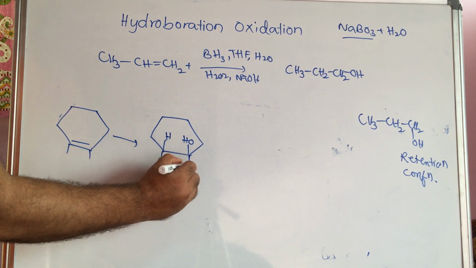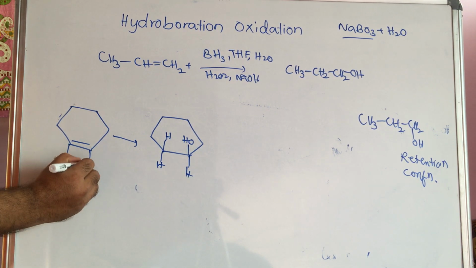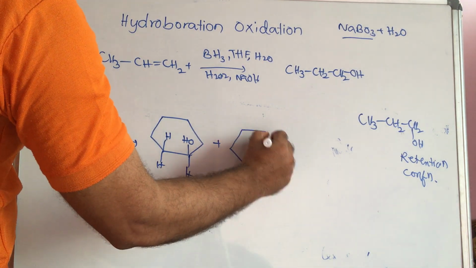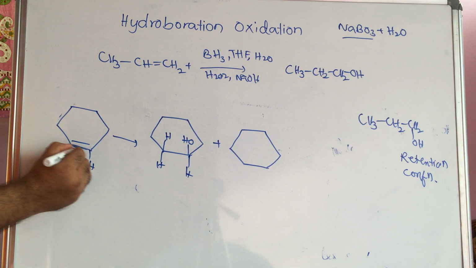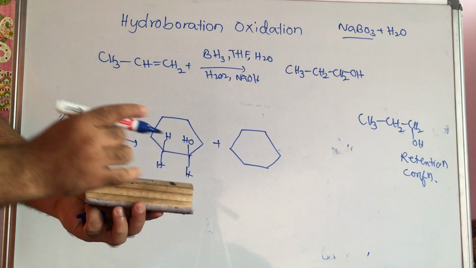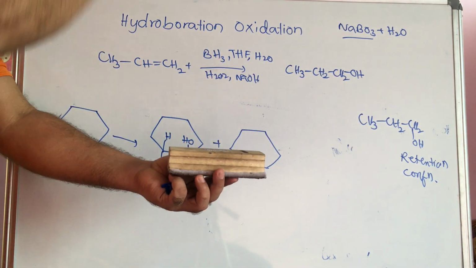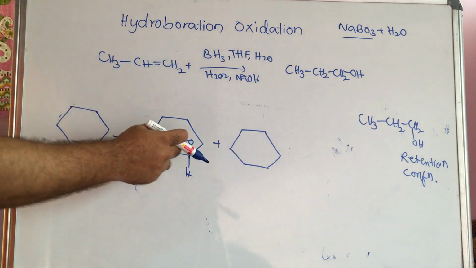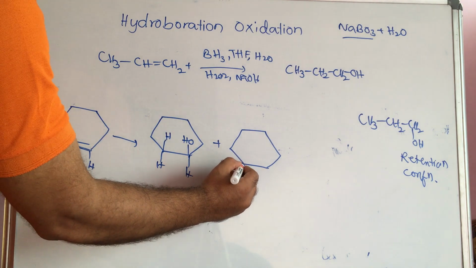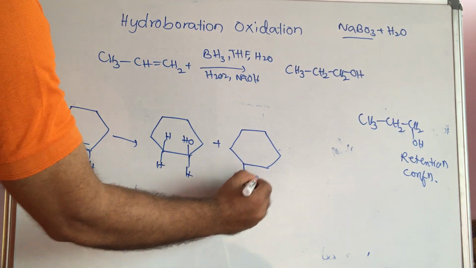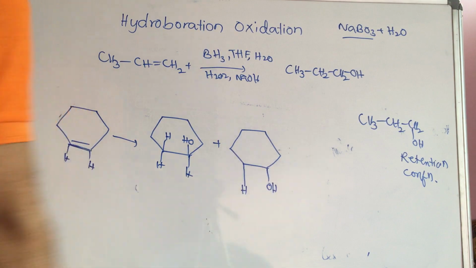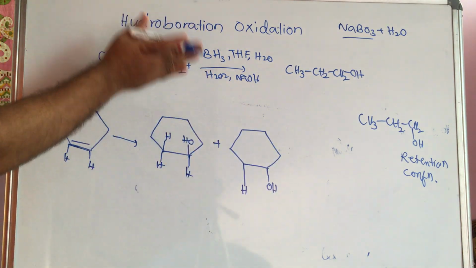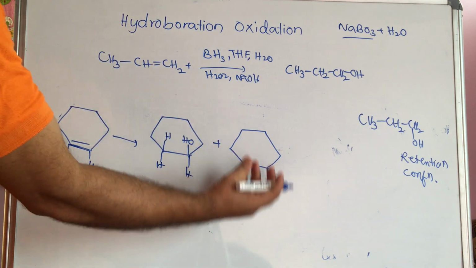Otherwise, from the downside, this is a planar molecule like this. Now H is added here and OH is added here, which means the same side. That is H and BH2, I am writing the product only. If this one, H and OH. So this is attack from the downside, this is the top view, this is the bottom view.